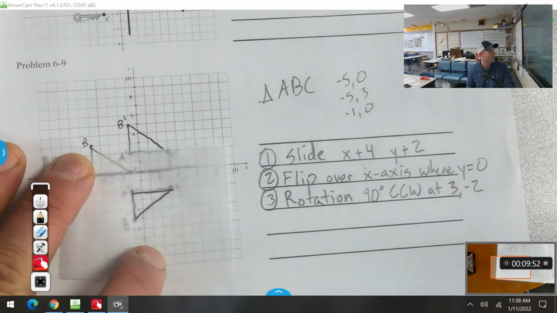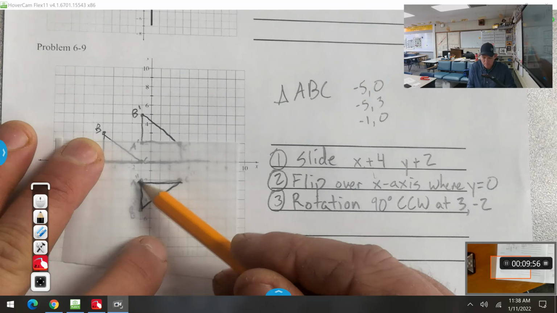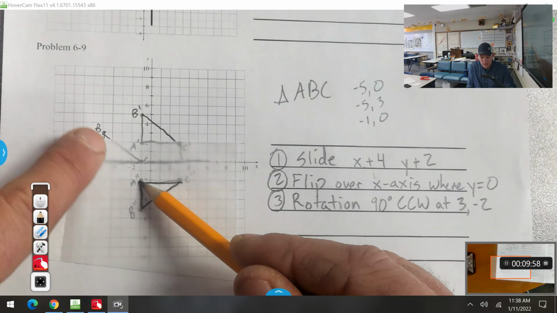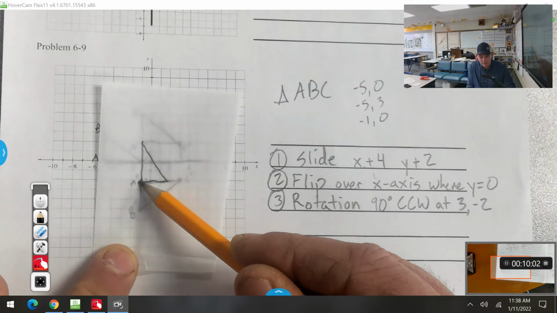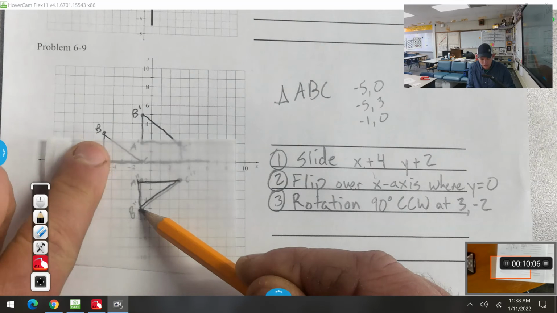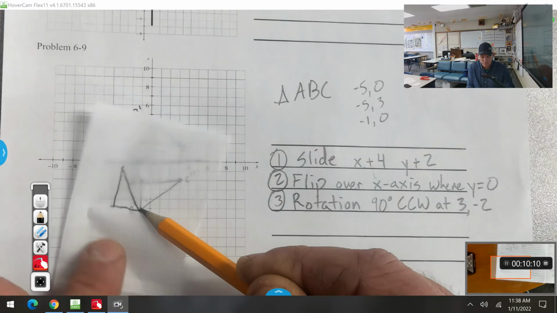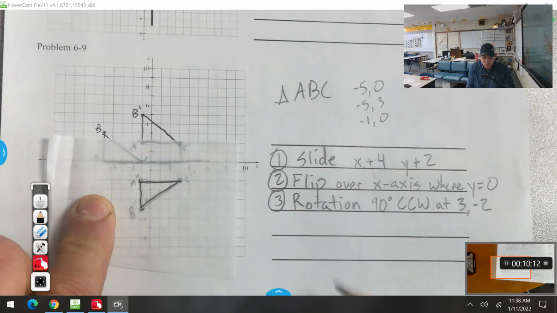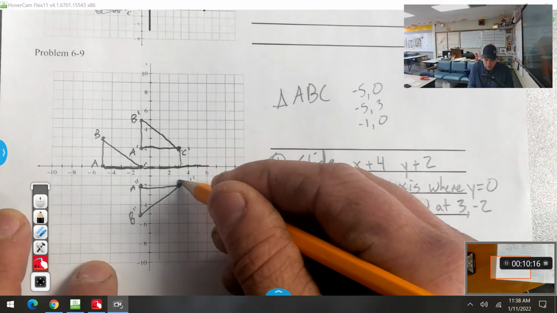Notice how the image changes depending on where I put my point of rotation. If I put my point of rotation here at A and do 90 degrees counterclockwise, my image looks like this. If I do point B and do 90 degrees rotation, it looks like this. Different. But notice I need to use point C. Point 3, 2.